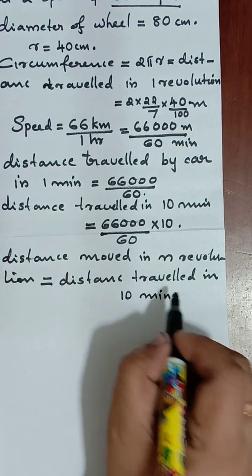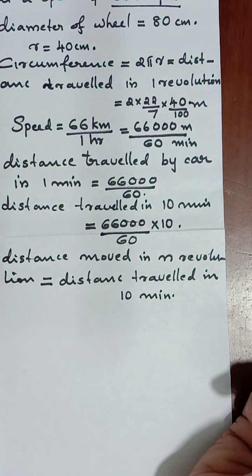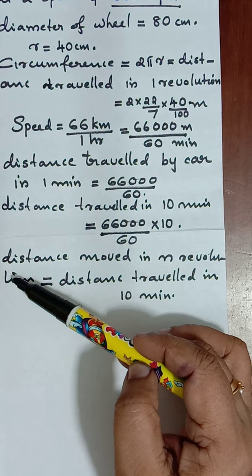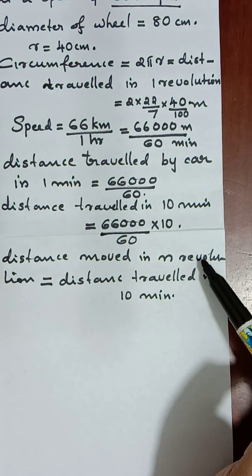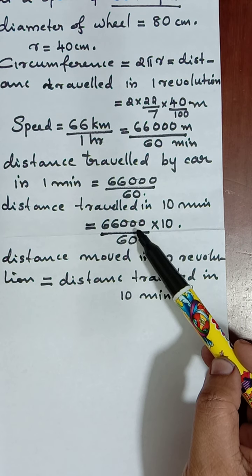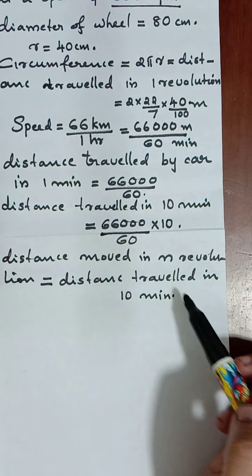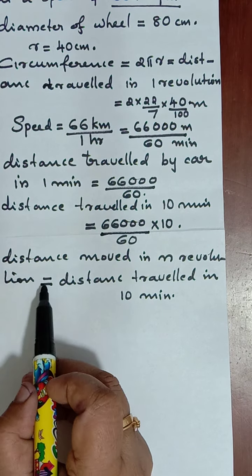In both cases we have converted the distance to meters. You have to be very careful. Centimeter I converted to meter in the case of the wheel of the car. Then speed is given in kilometer, that I converted to meters per minute. So let us equate both.